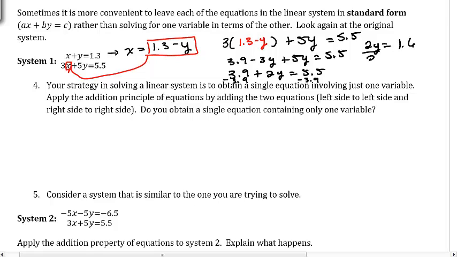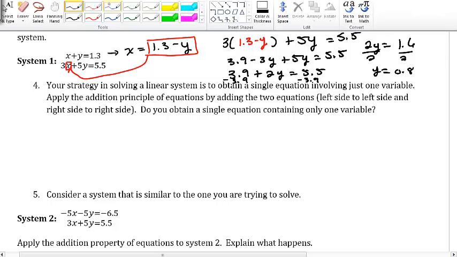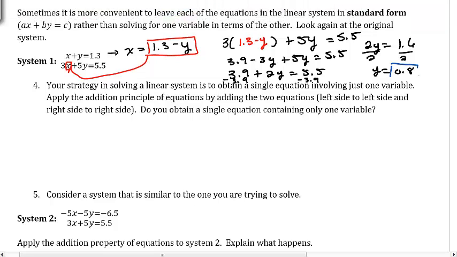When we divide this by 2, we get y equals 0.8, just like we got before. And we'll get the same value for x, 1/2. You would take this 0.8 and plug it back up into this equation right here for y, and 1.3 minus 0.8 does give us 0.5, just like we got before.